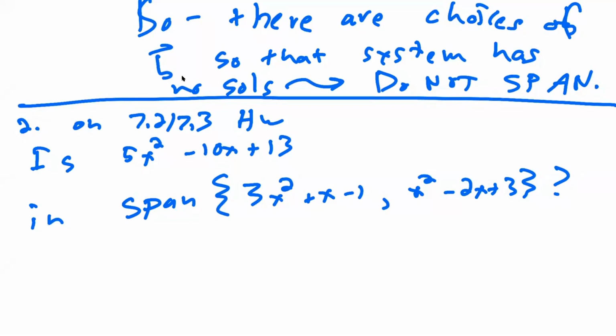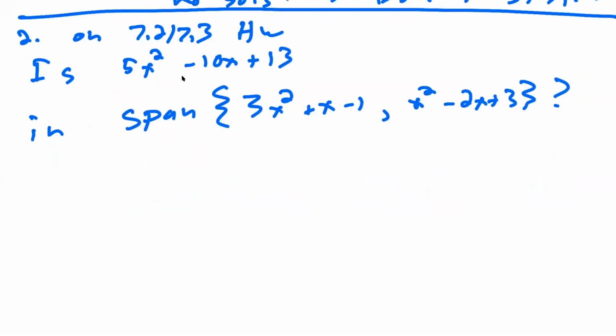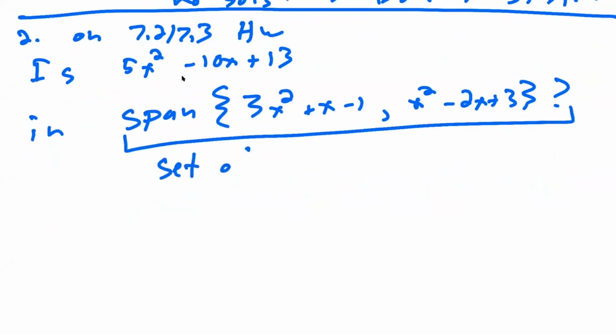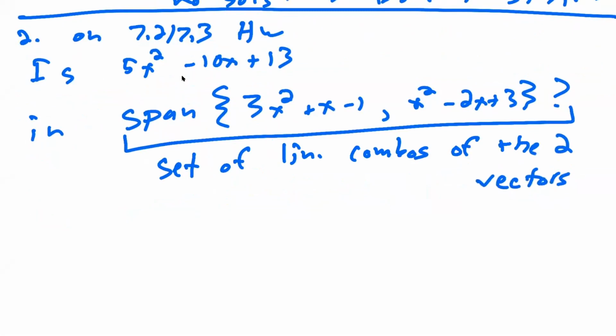So when I think about span, remember that span is the set of all linear combinations. This is the set of linear combos of the two vectors.